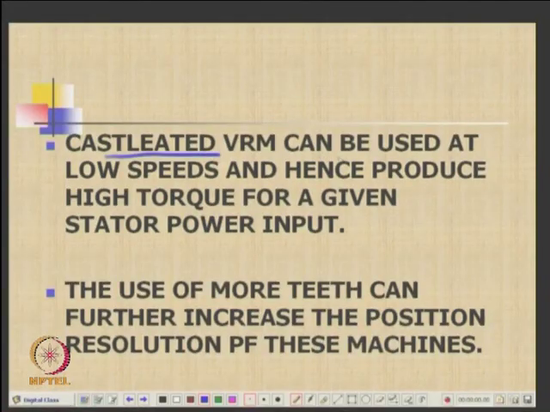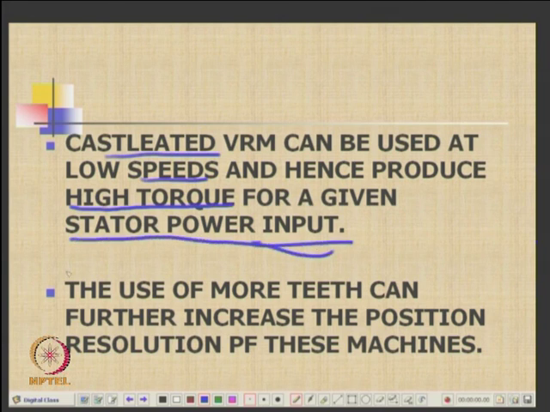Now, the Castellated VRM can be used at low speeds and high torque for a given stator power input. They are basically for such applications. Use of more teeth can increase the position resolution of these machines.